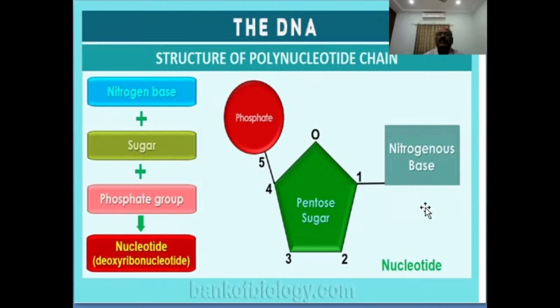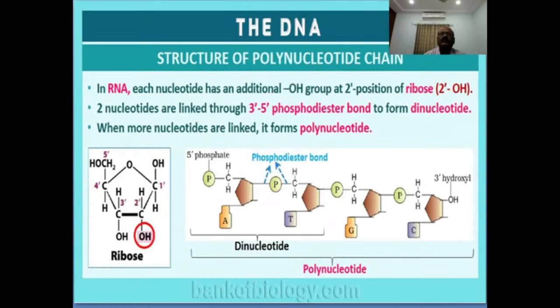This is nitrogen base. These 3 together, nitrogen base, sugar, phosphate, are called a nucleotide. Whereas a nucleoside possesses only sugar and nitrogen base. In RNA, each nucleotide has an additional hydroxyl group at the second position of the ribose sugar.